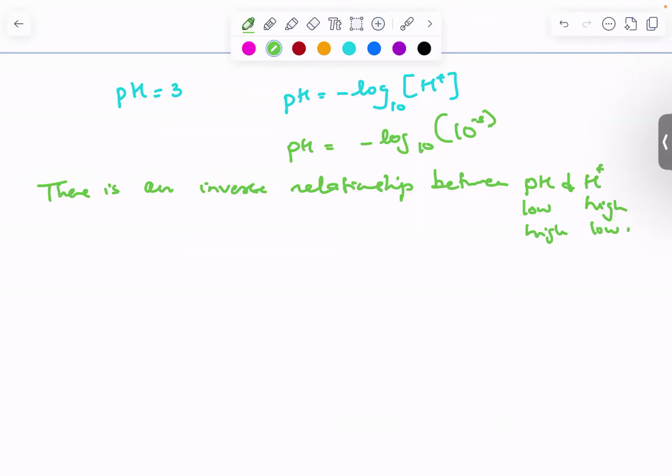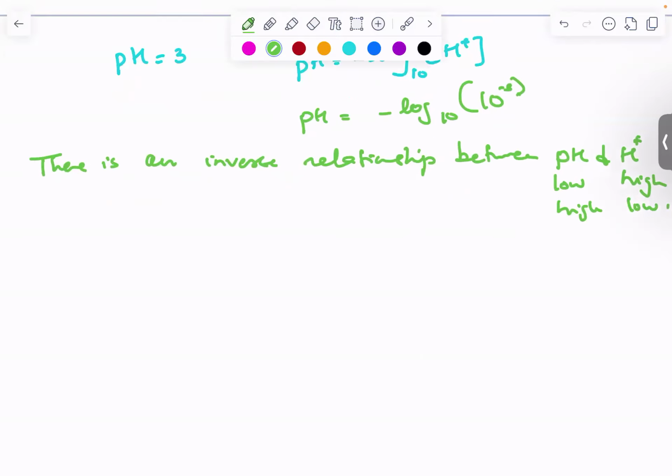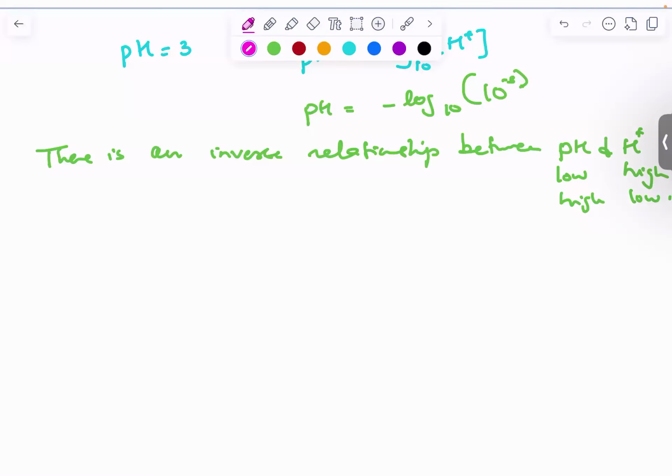Now, in other words, if we are going to plot the graph, whatever extra I wanted to tell you, I have told you. So now I am going to stick to the book. If you are going to draw a graph between pH and hydrogen ion, what did I tell you?